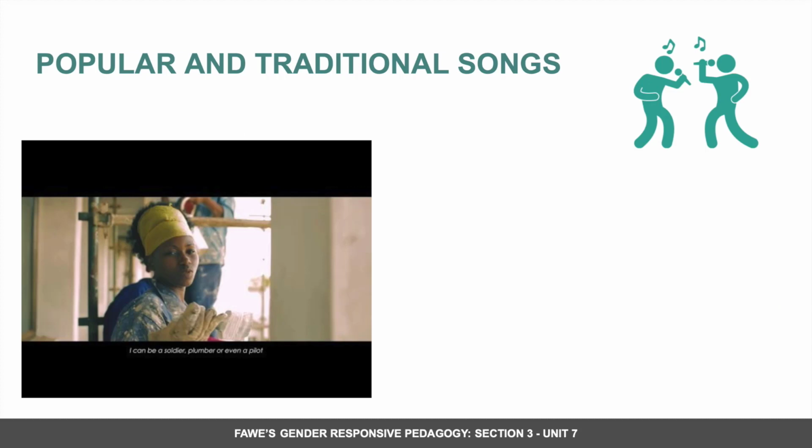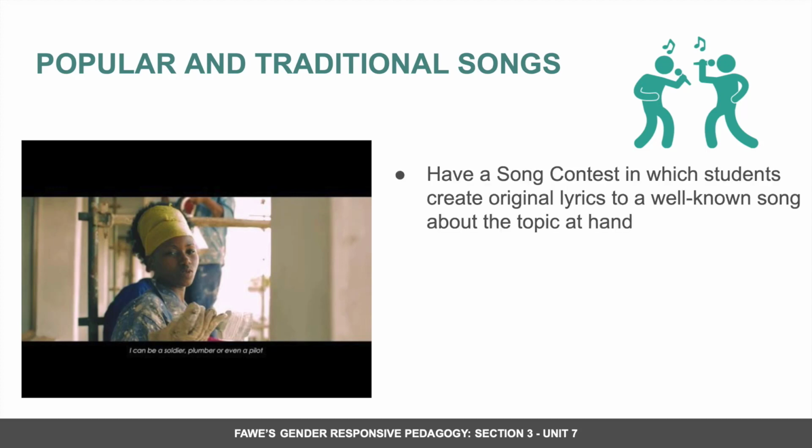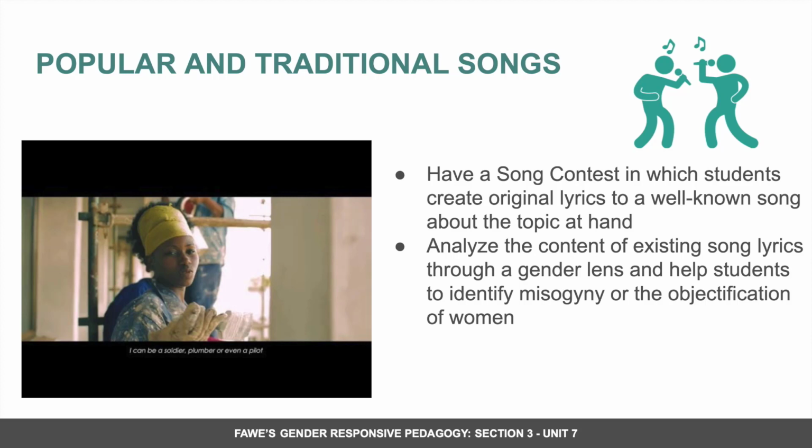Using music and song in a classroom is great for students to reflect on its content and learn languages, and requires no resources. Have a song contest in which students create original lyrics to a well-known song about the topic at hand, or analyze the content of existing lyrics through a gender lens and help students to identify misogyny and objectification of women.